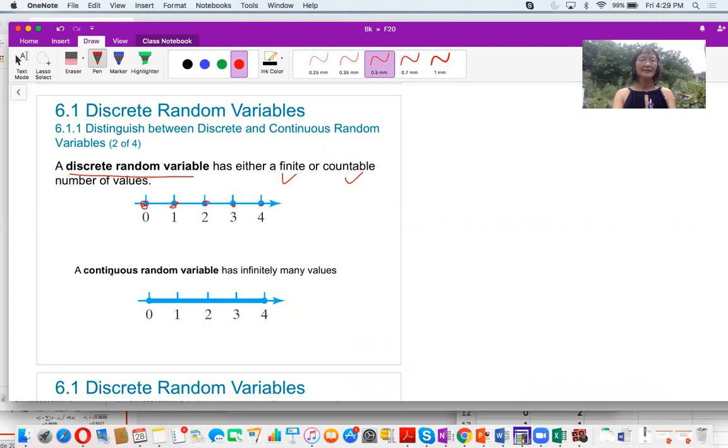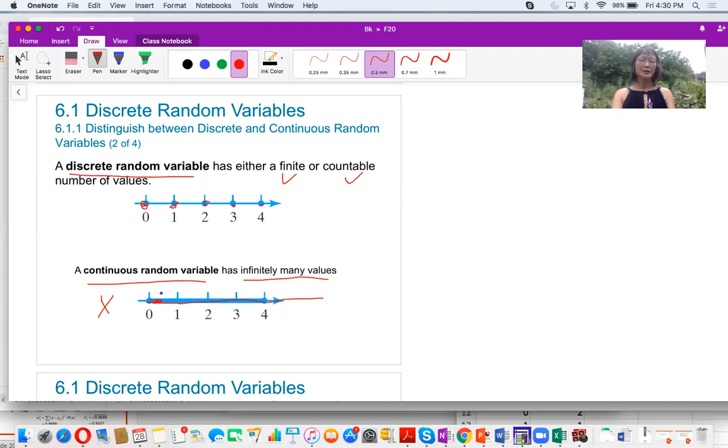On the other hand, a continuous random variable has infinitely many values. So if this is a random variable X, it could be any value starting from 0 until infinity.